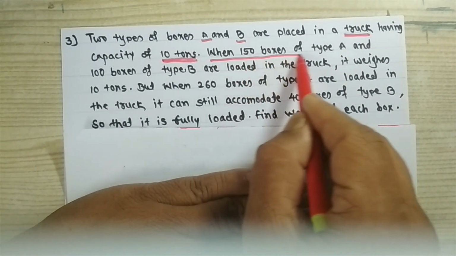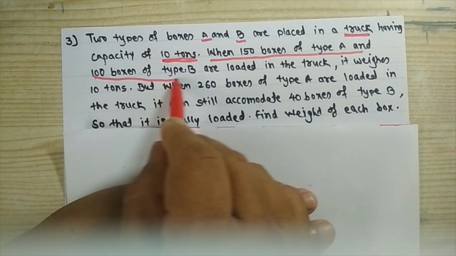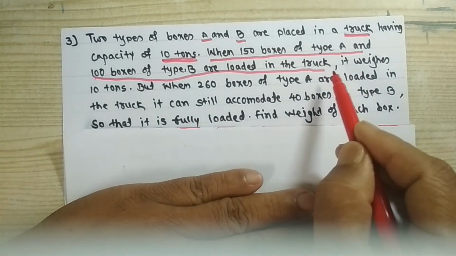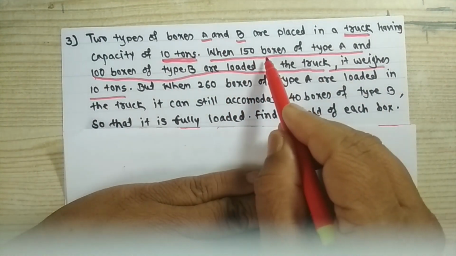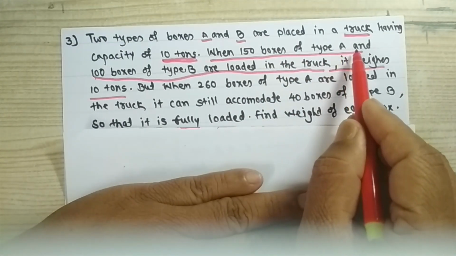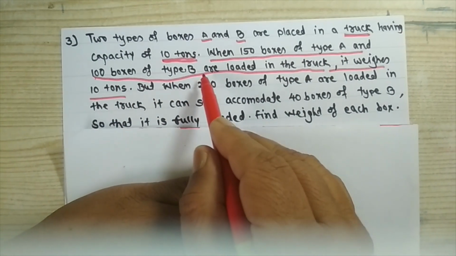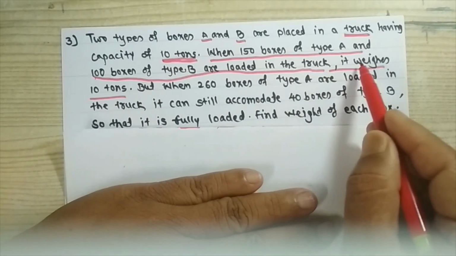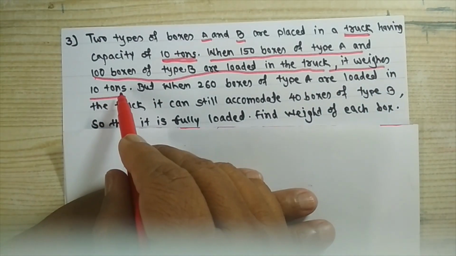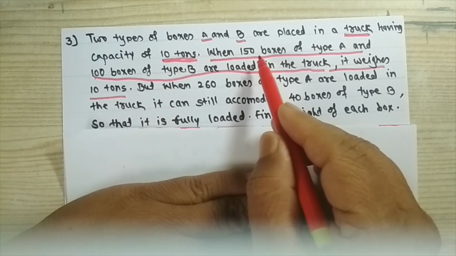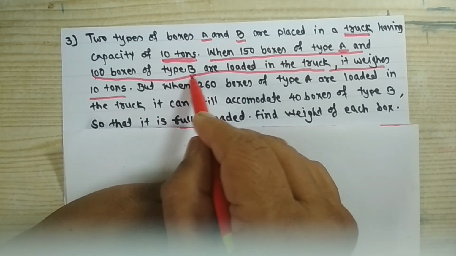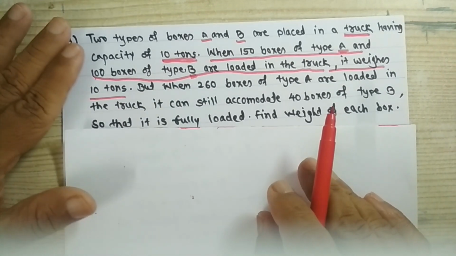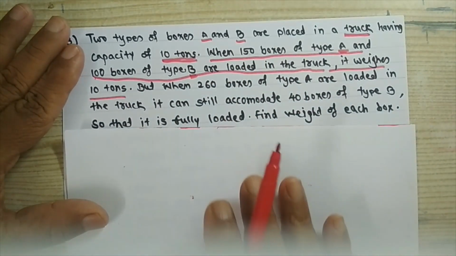First condition is here. When 150 boxes of type A and 100 boxes of type B are loaded in a truck, its weight will be 10 tons. That means we have to consider the weight of box A and the weight of box B. Then we go towards the condition.